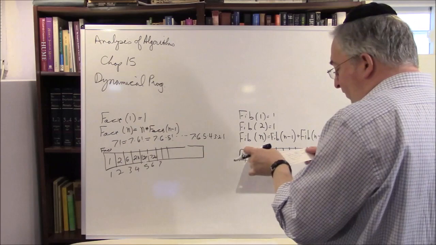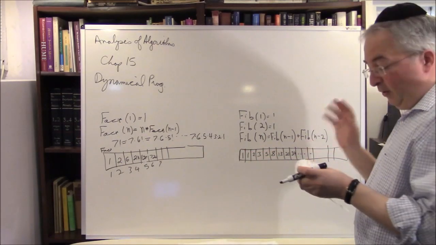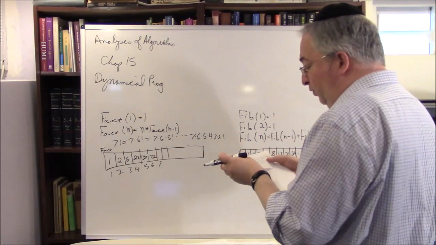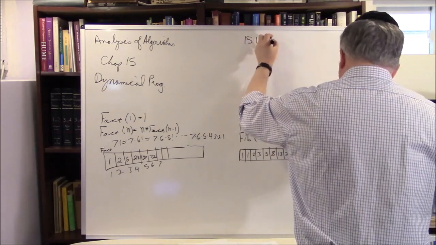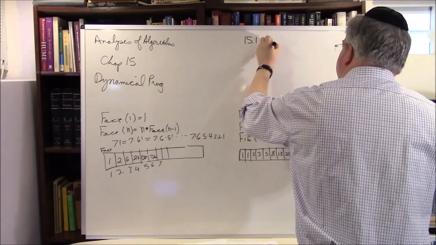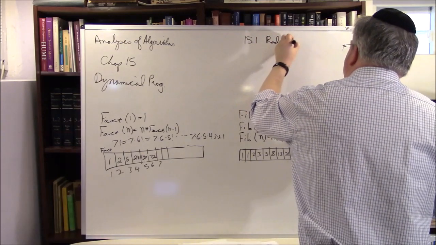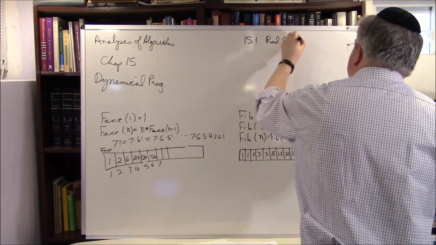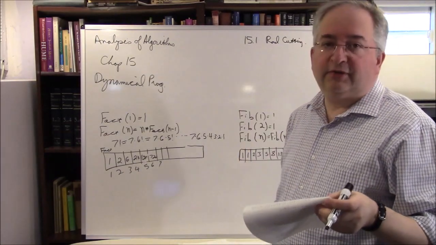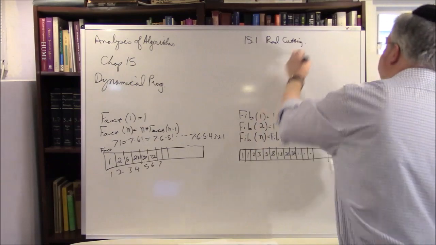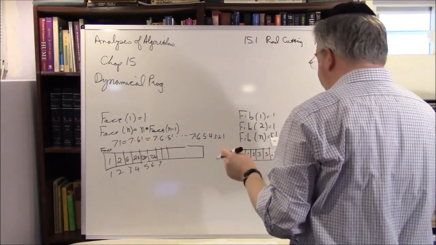There are 5 sections of this chapter, and I want to just give you an outline of what we're doing and what we're not. Section 15.1 is rod cutting. It's a nice example, but it's 10 pages to get into the example, and we have enough other examples. So we're not responsible for that, and I didn't give you homework for that.